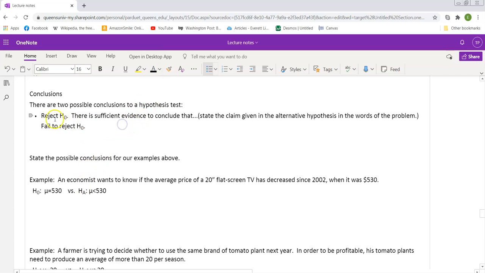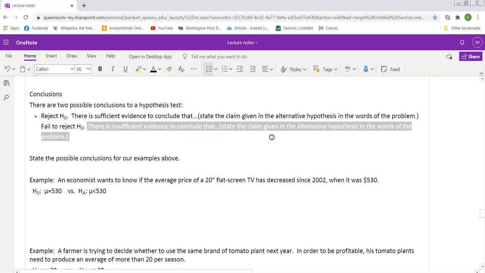So if you reject H0, that means that there is sufficient evidence to conclude whatever your alternative hypothesis says. Okay? But you're not going to say that verbatim. You're going to actually state it in the words of the problem. So reject H0, there is sufficient evidence to conclude, and then you're going to fill in with what you're looking to prove, demonstrate in that problem.